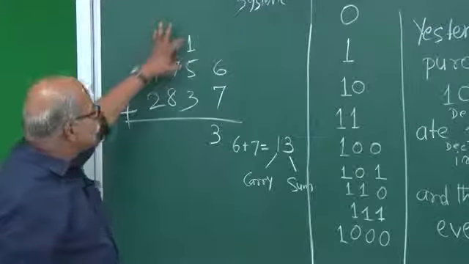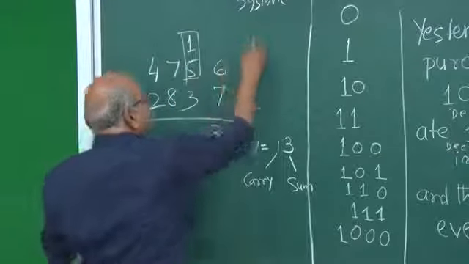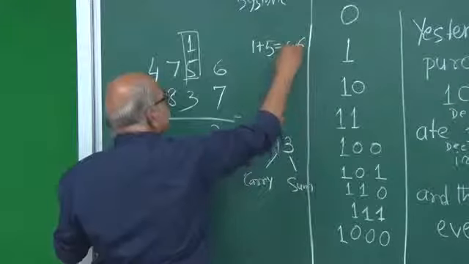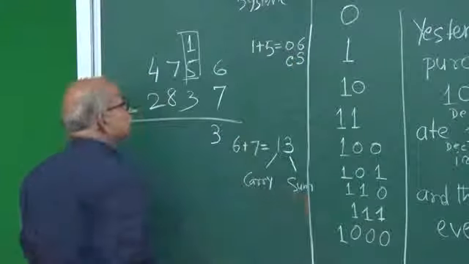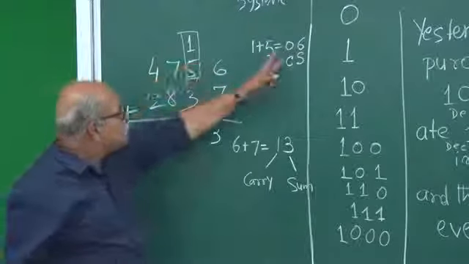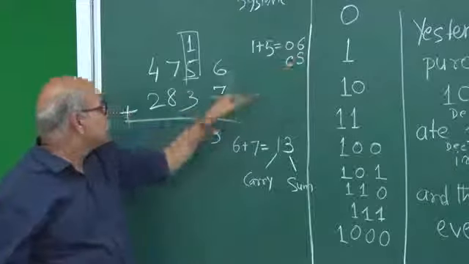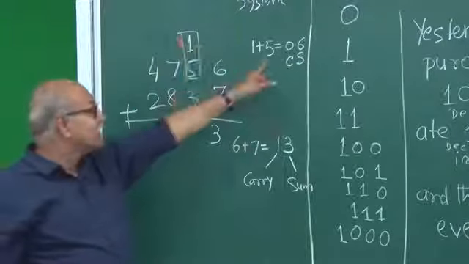Then it is 1 plus 5. I have to do this 1 plus 5. And that is 6. So, essentially here also you have the sum and the carry. And then this thing is to be added in this. So, the sum has to be directly added here and the carry has to go somewhere else, but here the carry is 0.